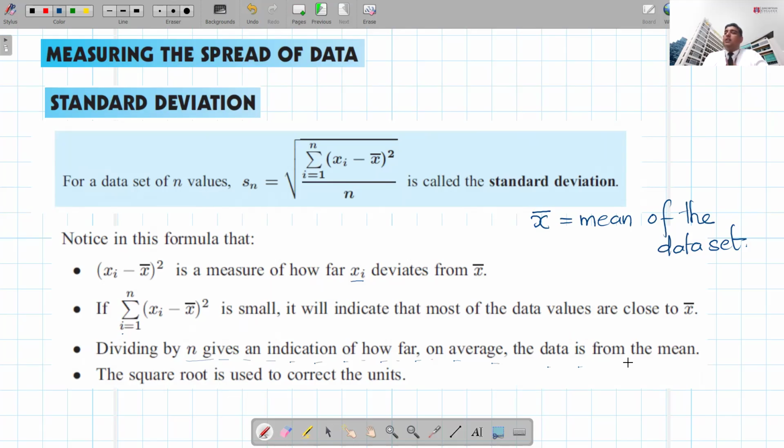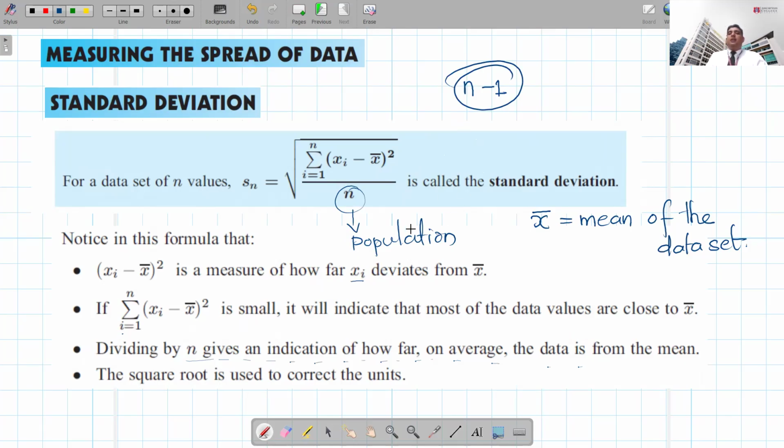But there is one thing you need to remember. We use n when we are dealing with population. If we are dealing with a sample size, we use n minus 1.